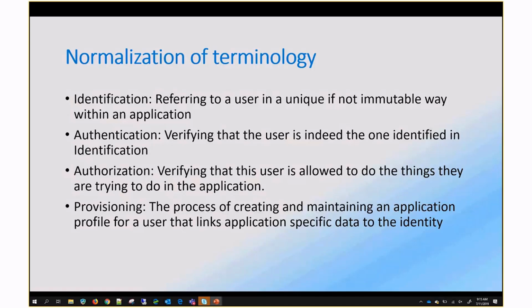Authentication is the way through which the user is indeed verified in the identification process. So this is how you authenticate the user and make sure this is the identity which matches in your system. Authorization is the way through which you allow them to do different things in your application. So it's more like a roles capability. Authorization provides a way to define what that particular user can do in your system. And provisioning is the process of creating and maintaining an application profile in your application with the specific data for that identity.